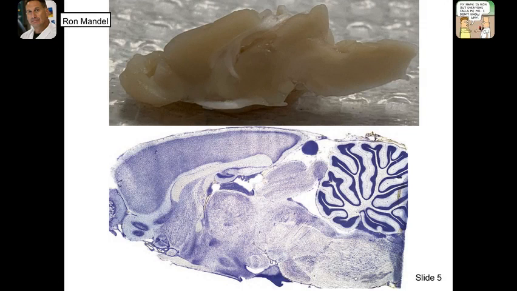The slide below is a cresyl violet stain section close to the midline, which is shown above. Sorry for the quality of the gross brain section here, but this is the olfactory bulb. Cerebral cortex.